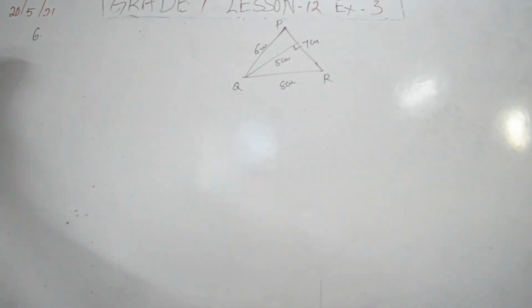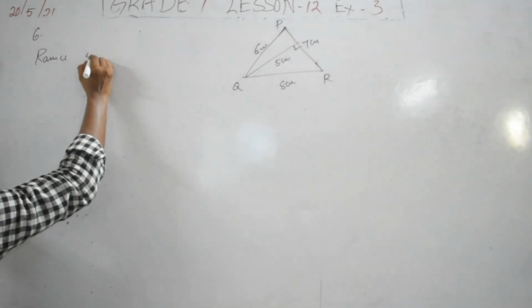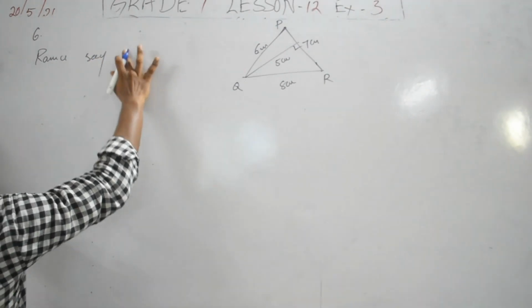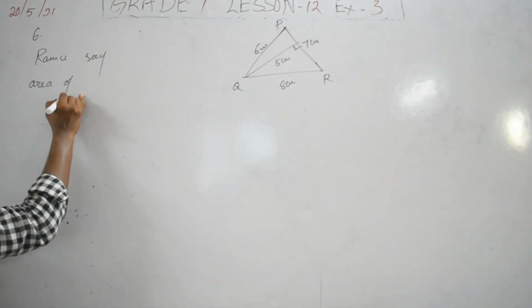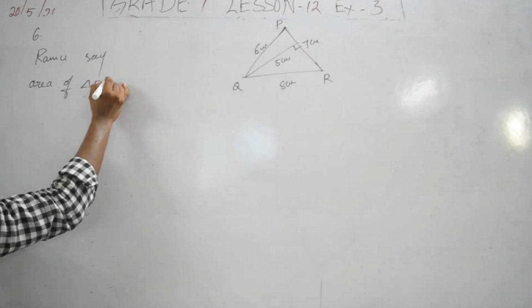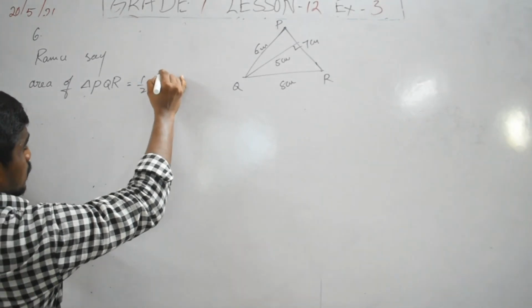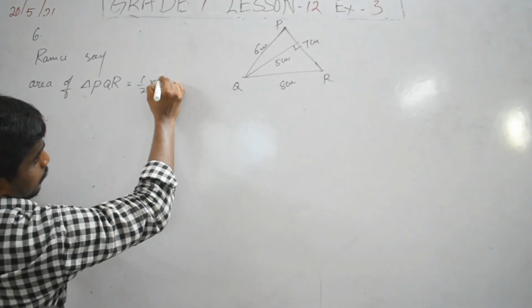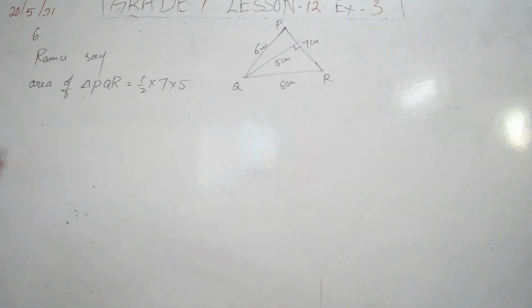Here Ramu says area of triangle PQR equal to half cross out 7 cross out 5. Ramu says.